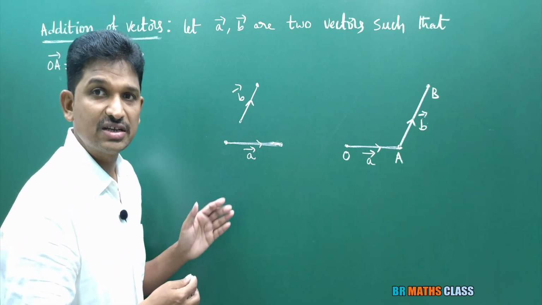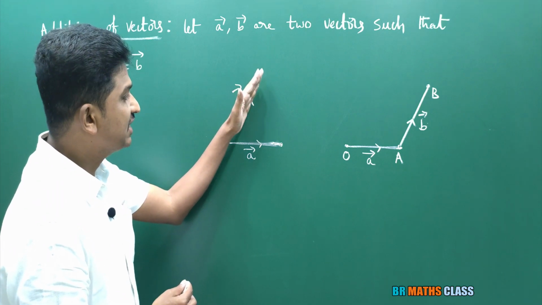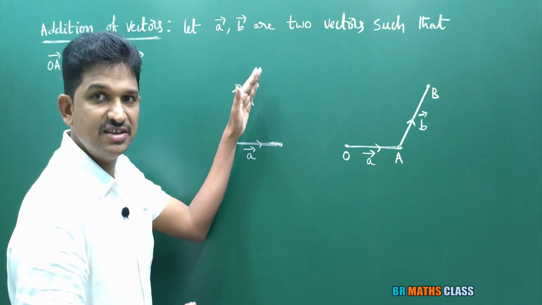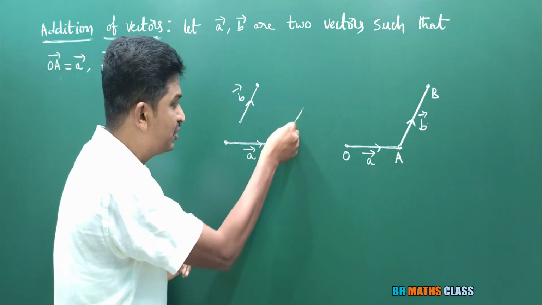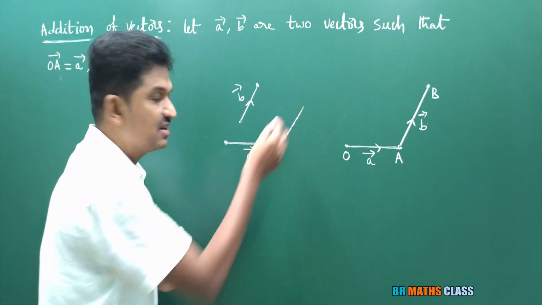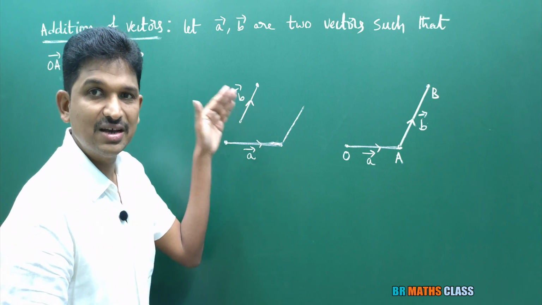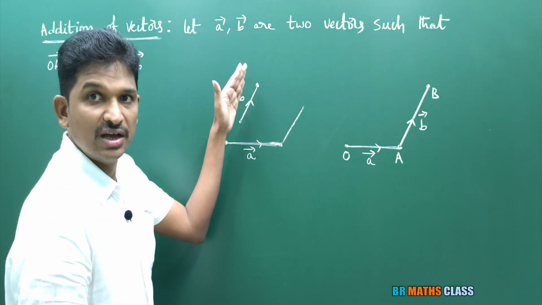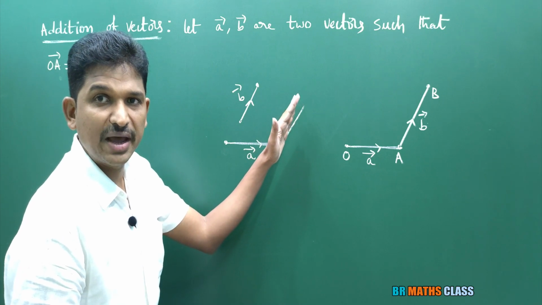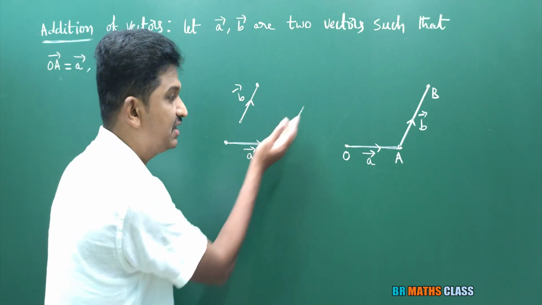To add these two vectors, without changing its direction, I will shift this second vector to here, because we know that these vectors are free vectors. These vectors are independent of their position in space. This B bar, I can shift to here without changing its magnitude and direction. Now further I can add.